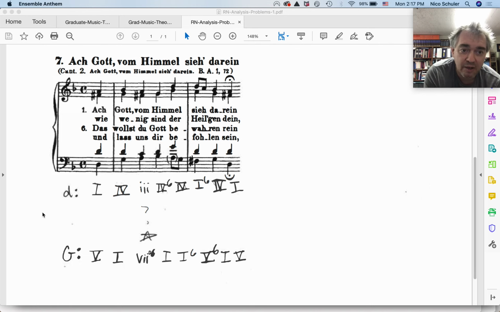At the pickup we have a dominant, and then we have the tonic, which is G minor, and this is an F sharp diminished chord, which is 7 diminished 6, and back to 1.